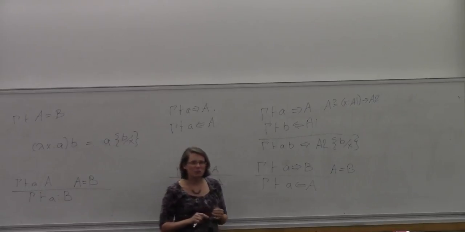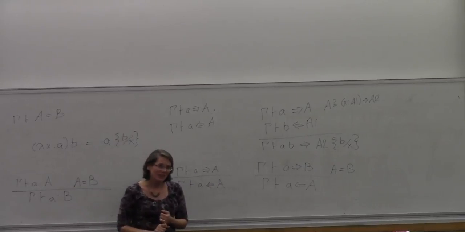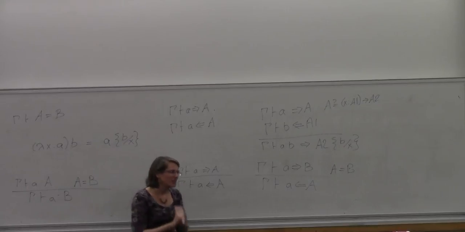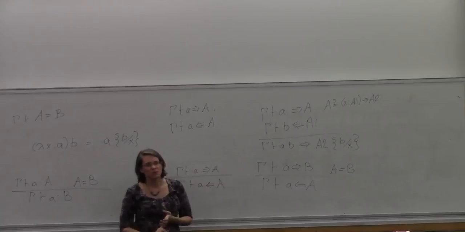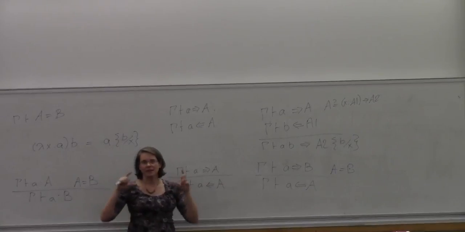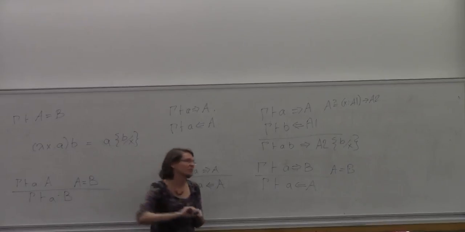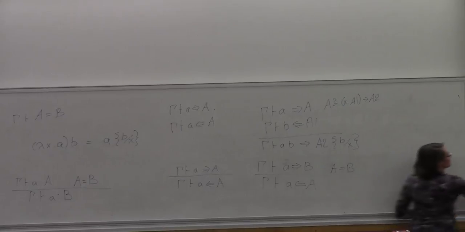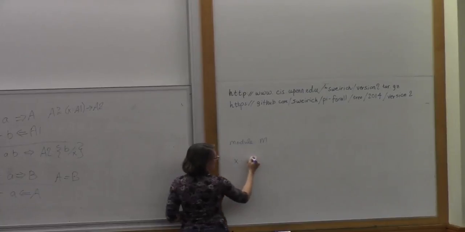It actually turns out there's one other place, but it's kind of subtle, right? And I'm not even going to write it up as a rule, but in our implementation, we have this idea that we have a module, and what is a module? It's a series of definitions where we say, right, so we might have a module M, and then we say X has some type A, and then we give a definition.